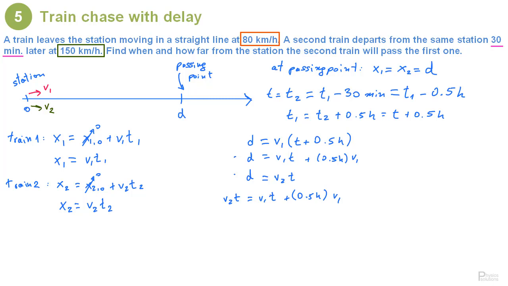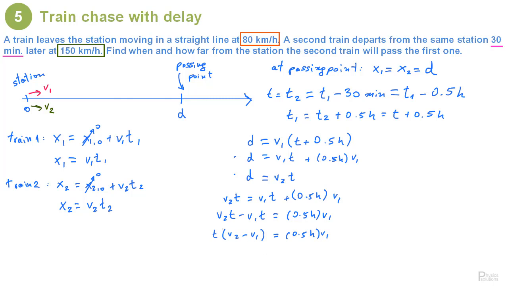We pass this term with t to the other side, and we get minus v1 t equal to half an hour times v1. Now we collect the common term t, so we factor t: v2 minus v1 is half an hour times v1.